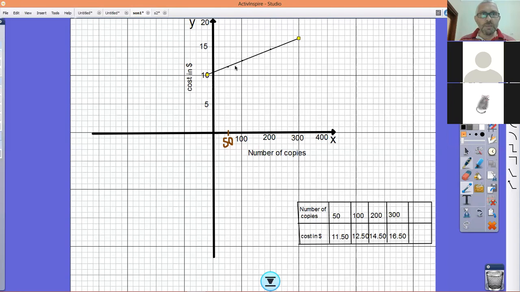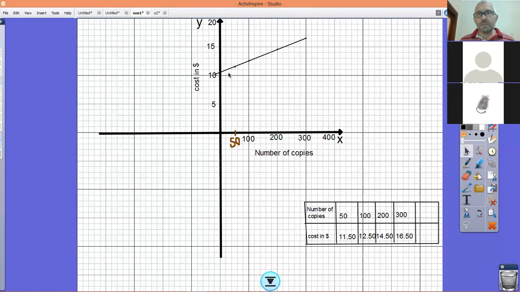This is our line. Now here, what should we recognize? If zero printing, how much do we need to pay? It's 10.50. Here, I am going to write with the blue, 10.5.